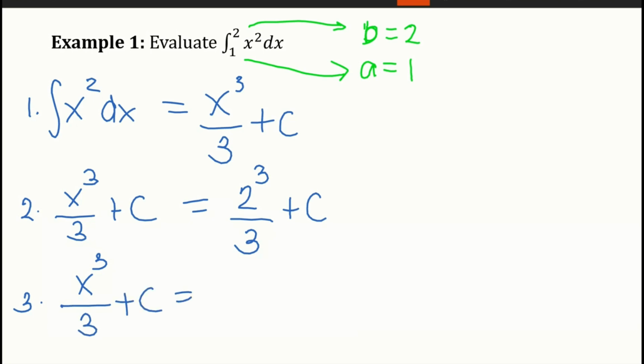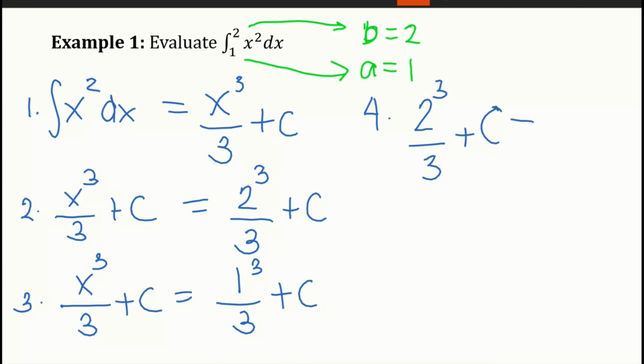We have 1 cubed over 3 plus c. And finally, the fourth step, we are going to subtract 2 cubed over 3 plus c minus 1 cubed over 3 plus c.